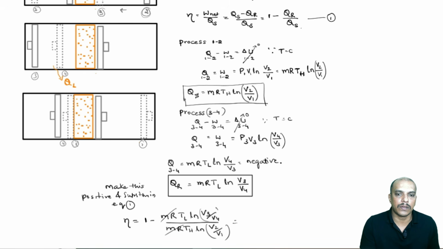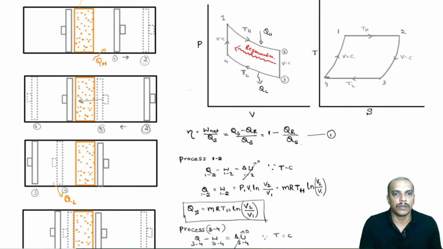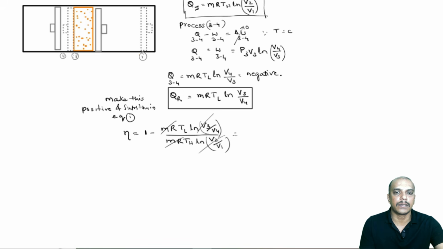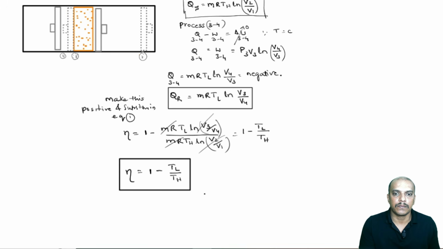And remember, these two also will cancel out: the ratio of V3 by V4 and V2 by V1 remains the same. Therefore, this also cancels out, and we end up with the same equation which we had in our Carnot engine, 1 minus TL by TH. So, therefore, the efficiency of Stirling cycle is given by 1 minus TL by TH. Okay. Thank you.